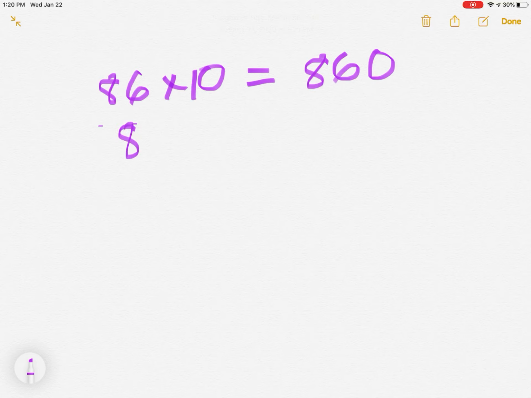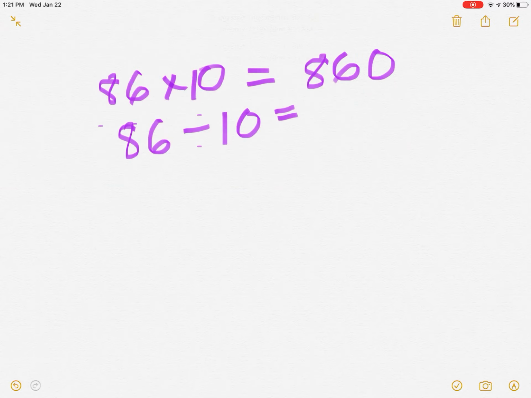And then you have 86 divided by 10. So this time, instead of moving that decimal point to the right, you're going to move it this way, to the left.